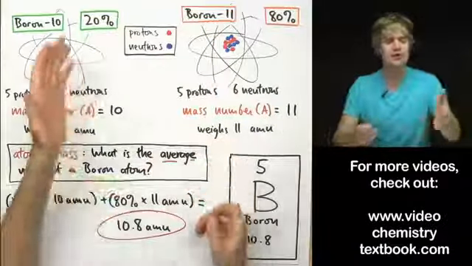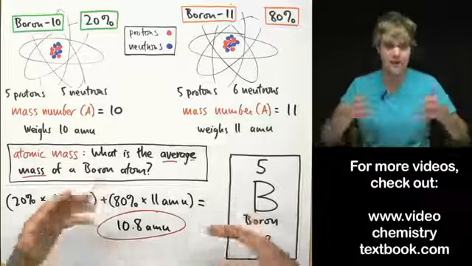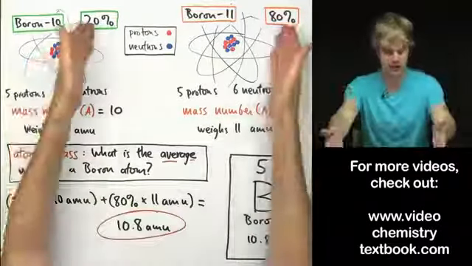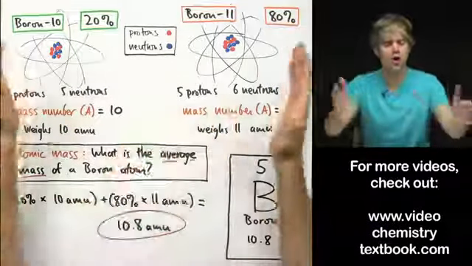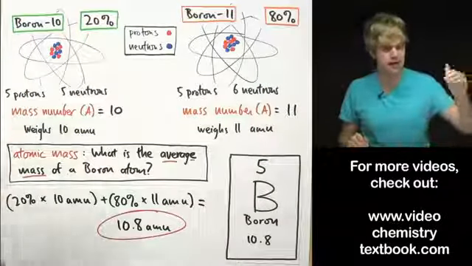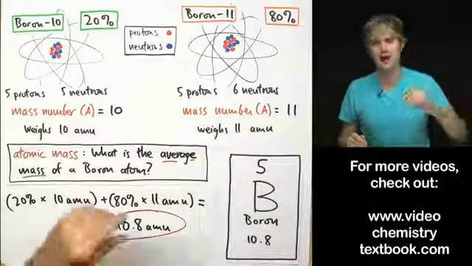It takes into account the amount of each that you have, also known as the abundance, how many of them there are, and then you do this math taking into account the abundance to find the average mass of all of the different types of boron. So that is the difference between mass number and atomic mass. If you want to learn more about how to calculate atomic mass, I've got videos on that.